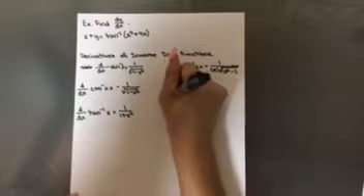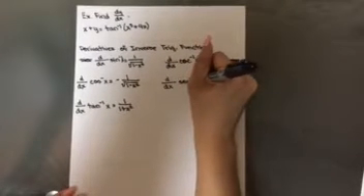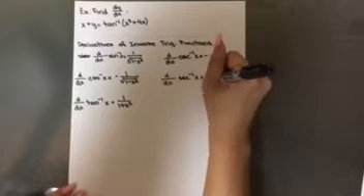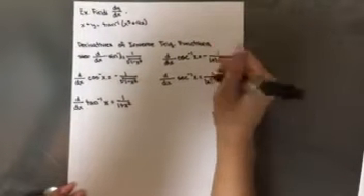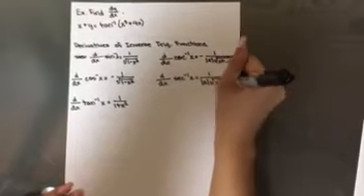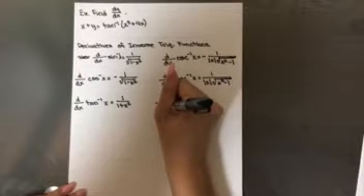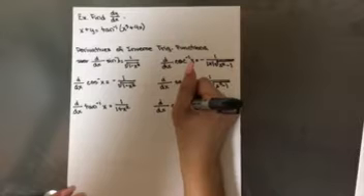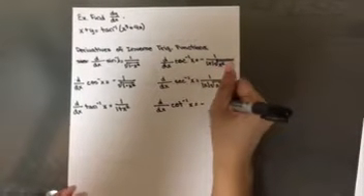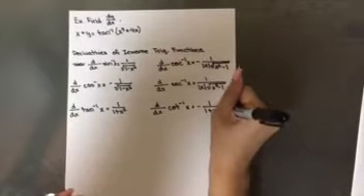And the derivative of arcsecant of x is going to be 1 over the absolute value of x times the square root of x squared minus 1. And lastly, the derivative of arccotangent of x is going to be negative 1 over 1 plus x squared.